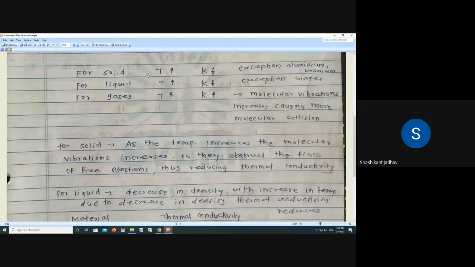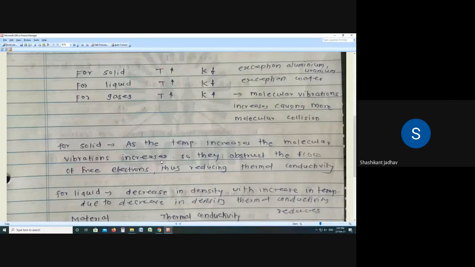So for a solid, if temperature increases, thermal conductivity reduces, because molecular vibrations increase and obstruct the flow of free electrons. Then write down the next line: there are some exceptional cases.